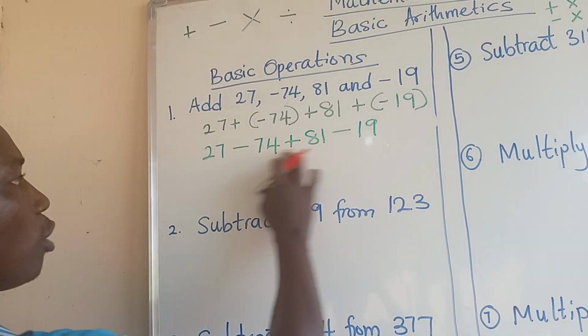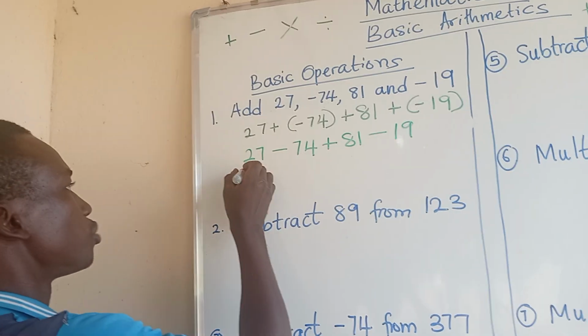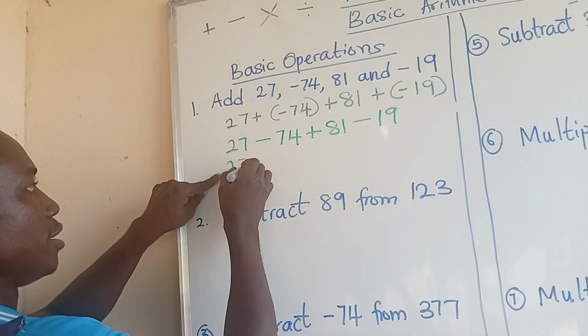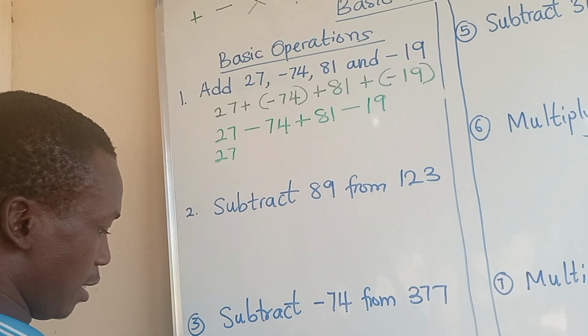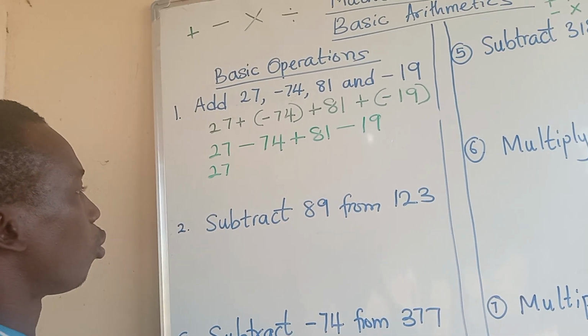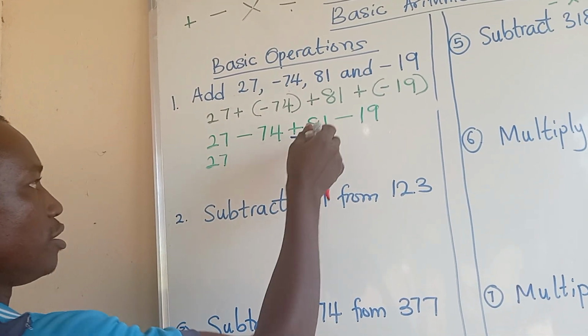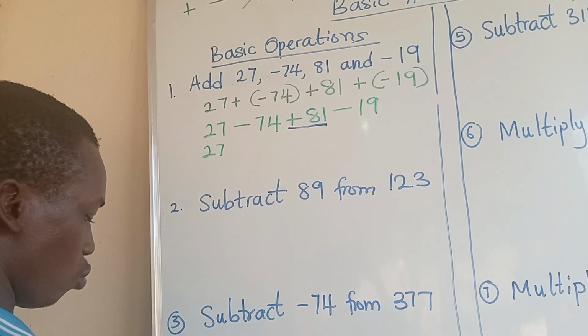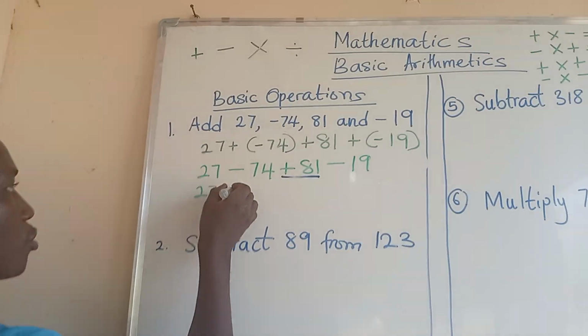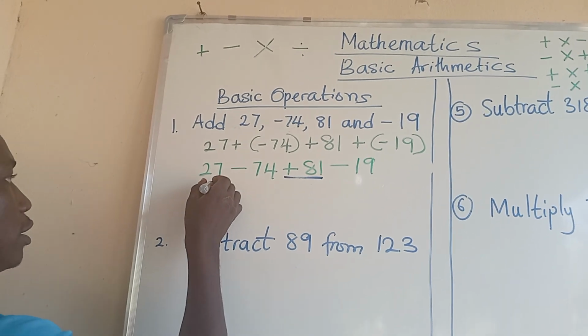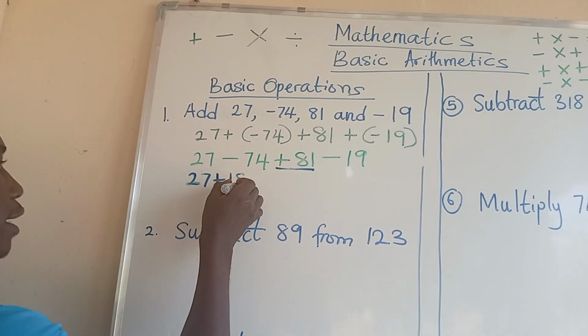So in collecting like terms, we are going to say 27, since it is positive, and we are going to collect this, since it is also a positive sign. So it's going to be 27 plus 81.